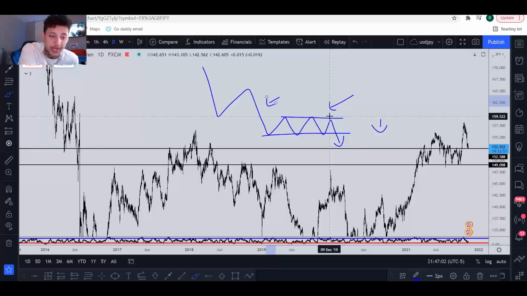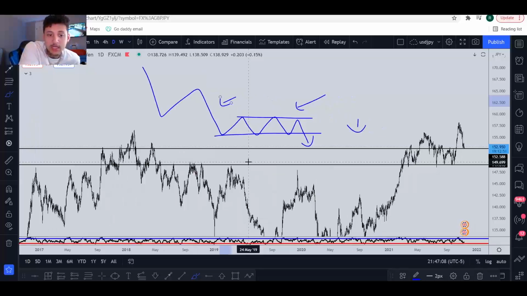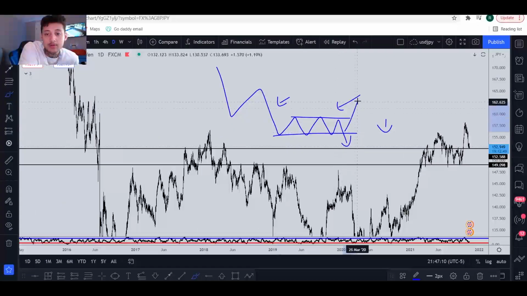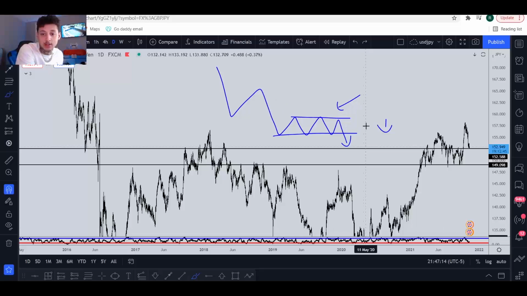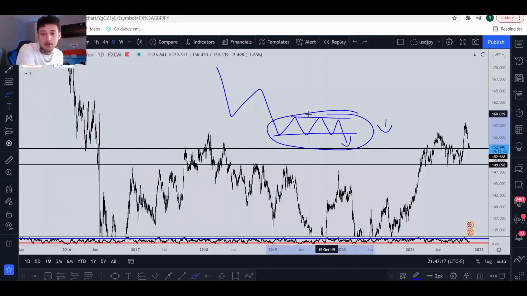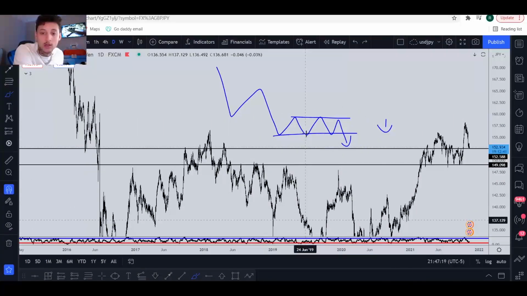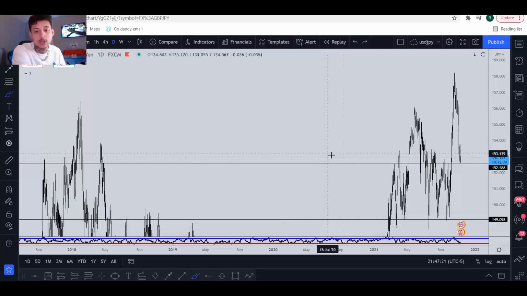Now, it always depends on where this is, because if this is just in a random area, then it can just happen. Sometimes we may see a reversal, but the probability for the trend to continue is a lot higher. This is just another form of a pullback here. This is going to be a consolidation pullback where the trend continues.